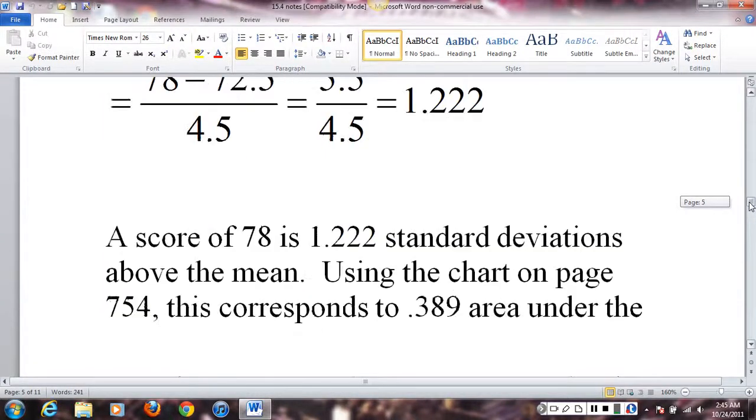Now the thing is, every z-chart can be a little different. You might notice here that there are only positive values. What that means is it's the same for negative values. The area under the curve is the same, whether it's positive or negative. This chart, and it gives you a good example on page 755, tells you the area between the mean at 0 and that particular standard deviation.